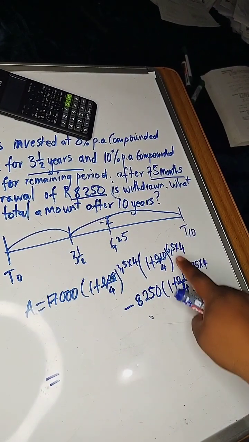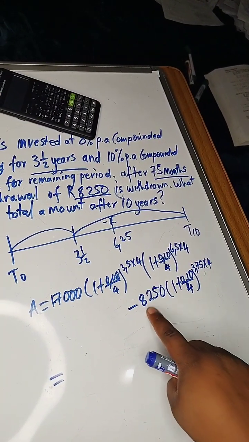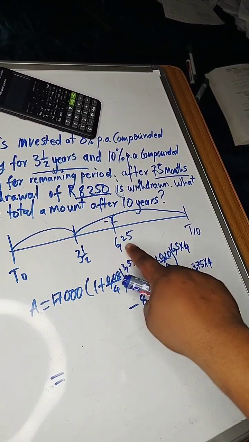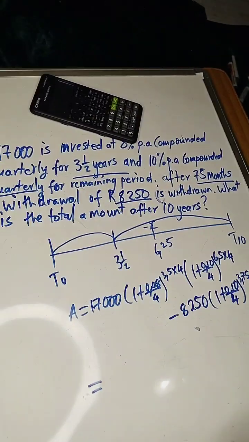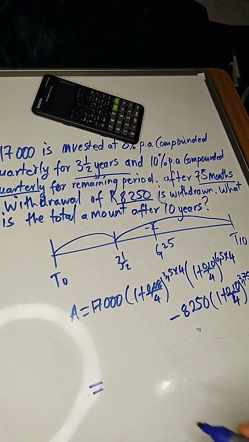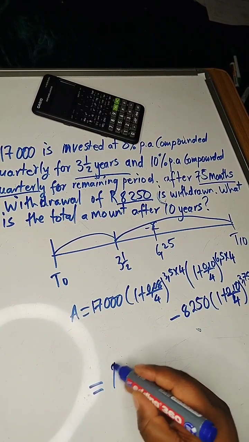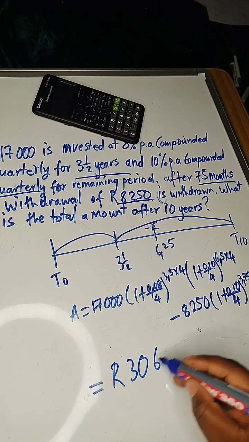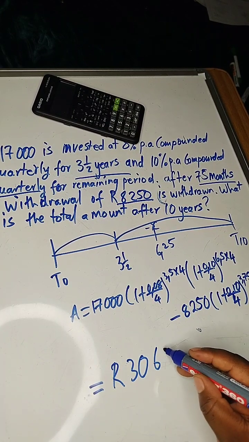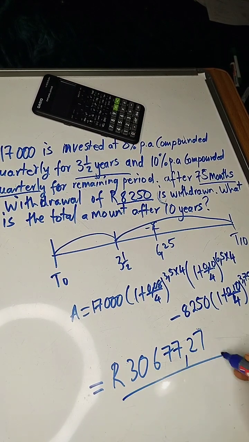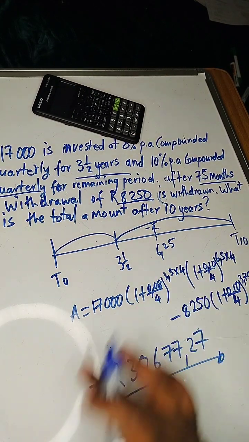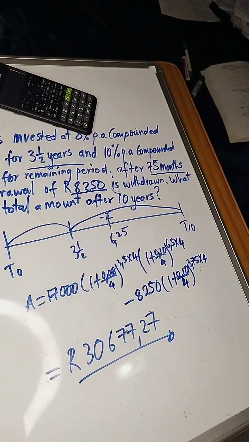Then from here to here it's 6.5. Then this one was withdrawn at 6.25. When you subtract, you will have 3.75. Then you punch this in your calculator, and you will have 30,677.27 as your answer. That's how we do this problem.